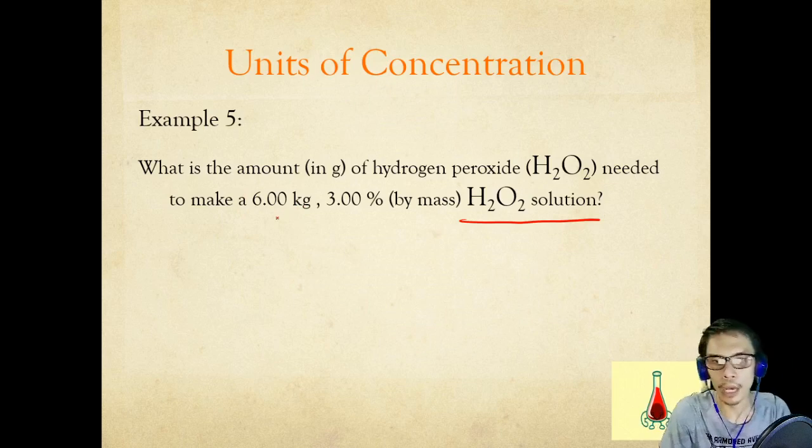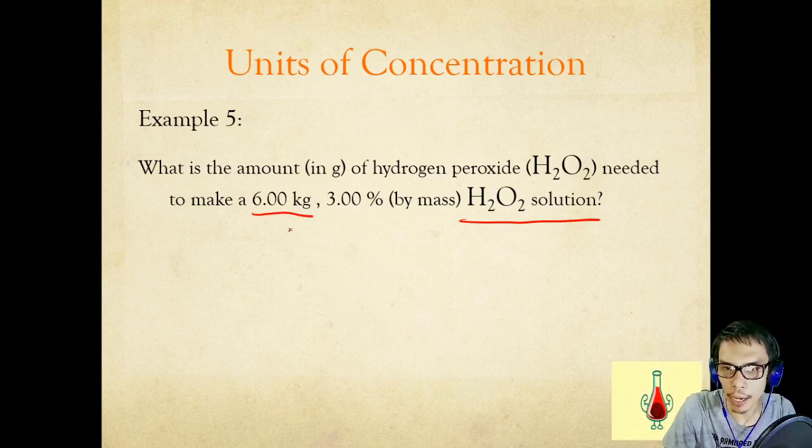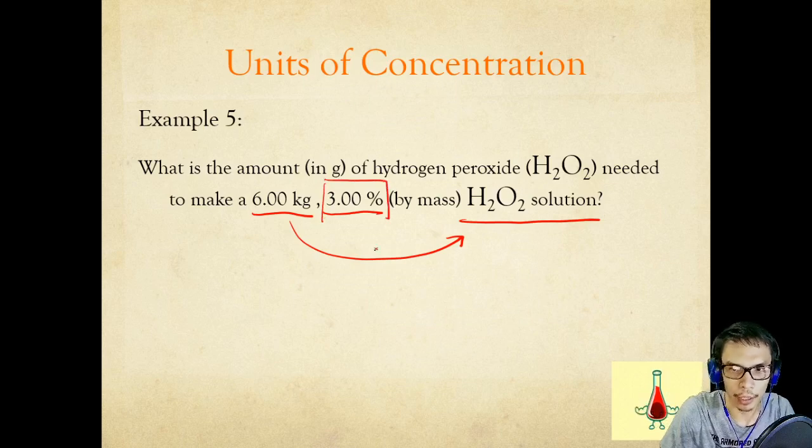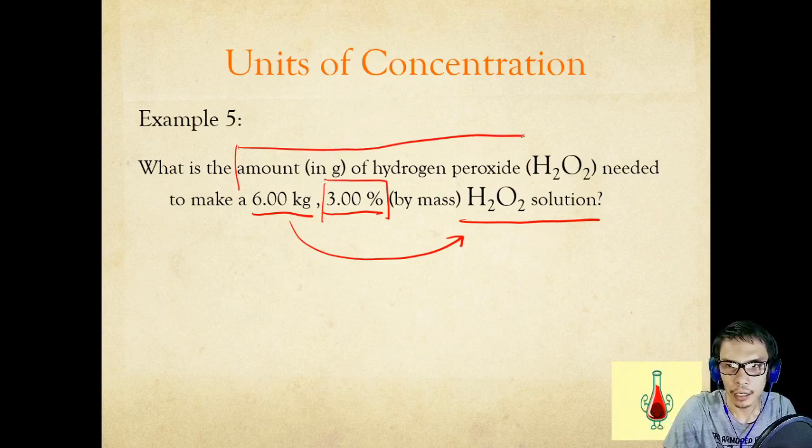So what do you have right here? We have the mass of your hydrogen peroxide solution. And the percent by mass that you are going to prepare is 3% by mass.